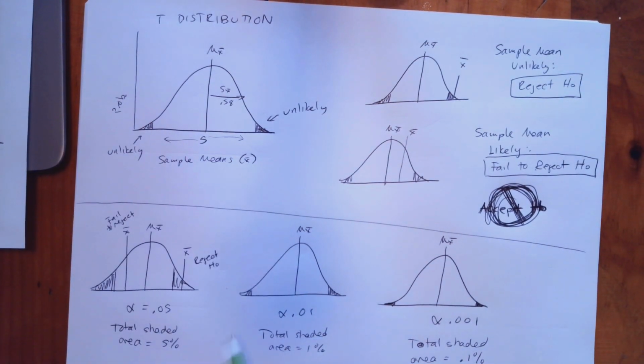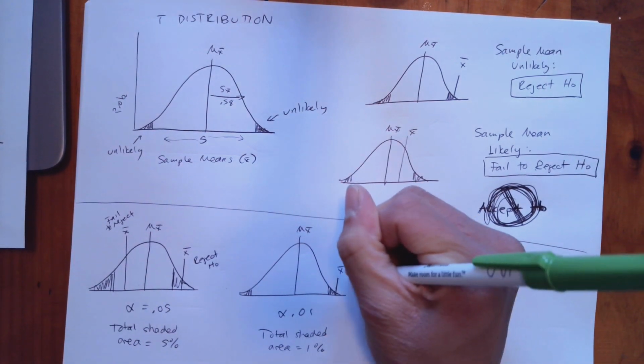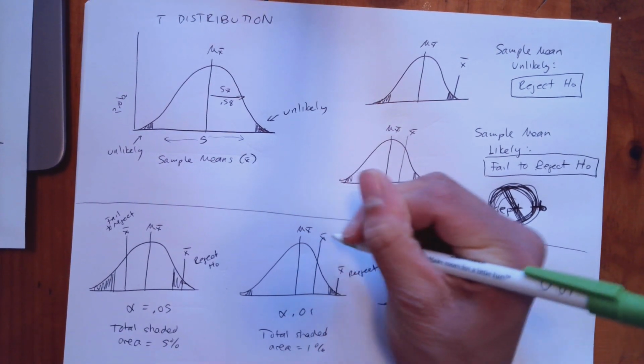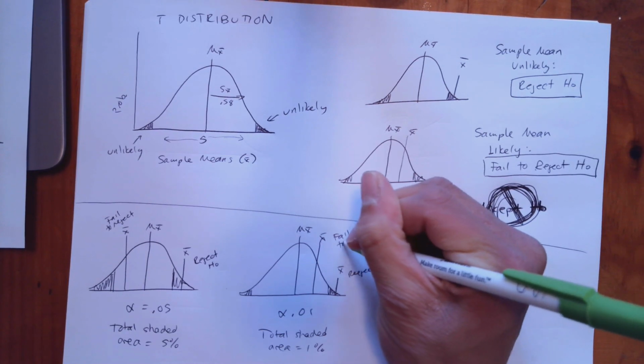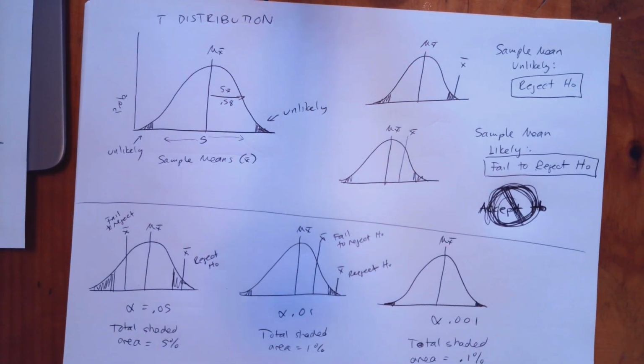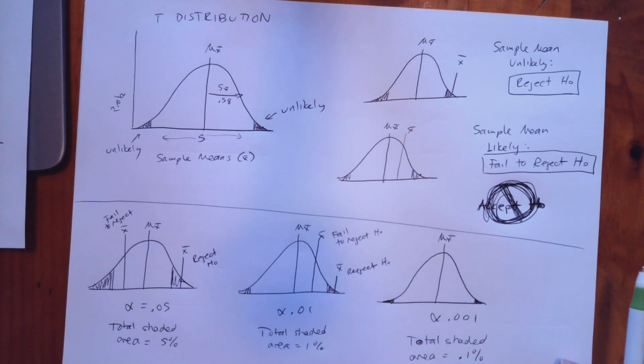And it doesn't matter which side it falls on. It's all about whether it's in the shaded area or in the unshaded area. So with each of these, again, what we're looking for is whether our sample statistic is in that shaded area or not, and the test statistic tells you whether it's going to be in that shaded area.